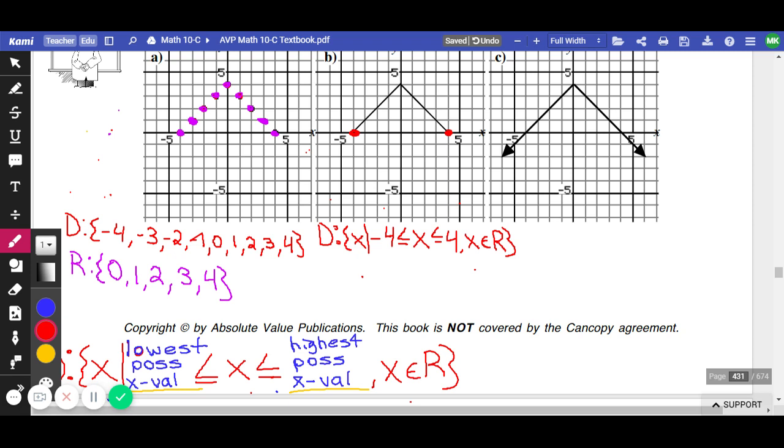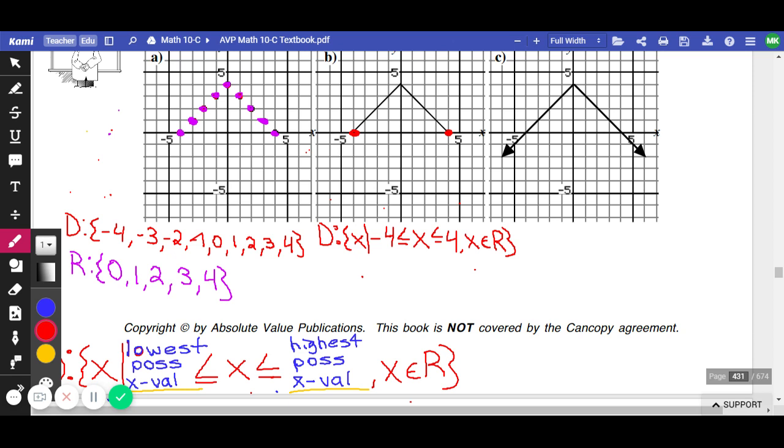What this domain says is that for this graph, the domain is x values such that -4 is less than all the other x values, which is less than +4. X can be anything else as long as it's in between those two, which is true, right? If I look at this graph and I chose an x value in between 4 and -4, I would be somewhere on this graph.